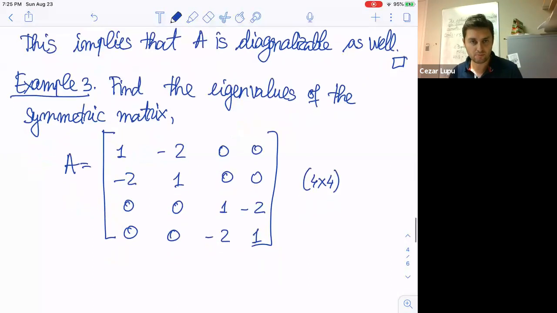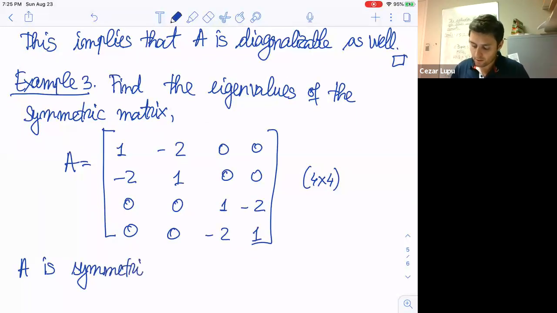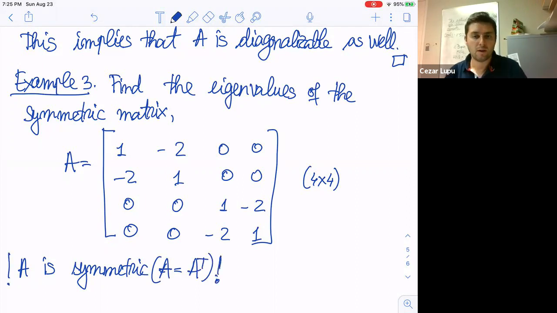So A is symmetric. In fact, it's quite easy to see that A is the same as A transpose, so I'll leave it to you as an exercise to figure out this part.